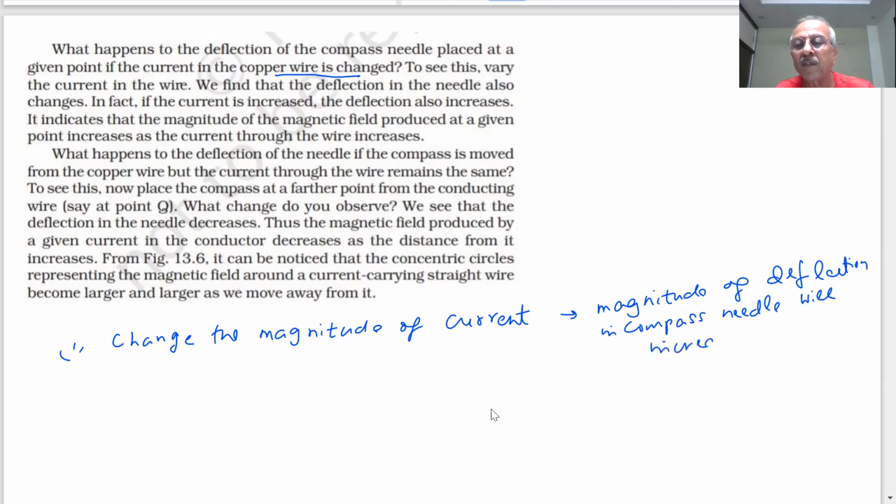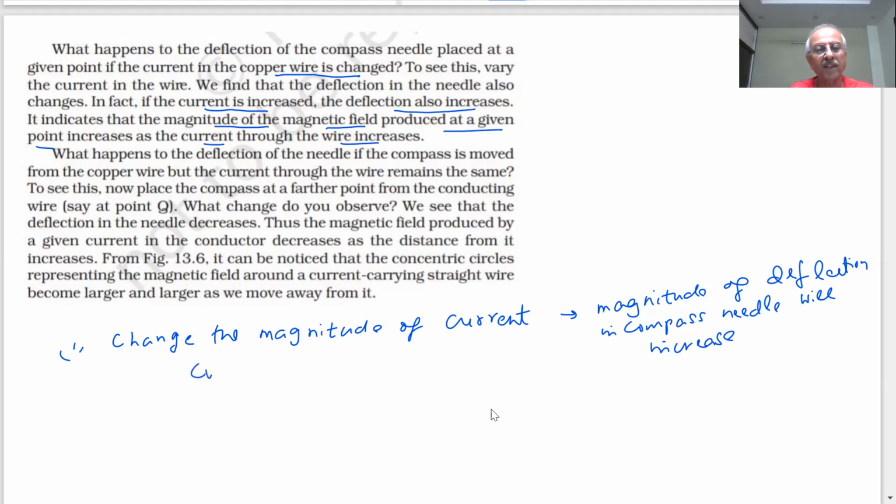So we are saying the deflection in the needle changes. In fact, if current is increased, deflection also increases. The magnitude of the magnetic field produced at a given point increases as the current through the wire increases.